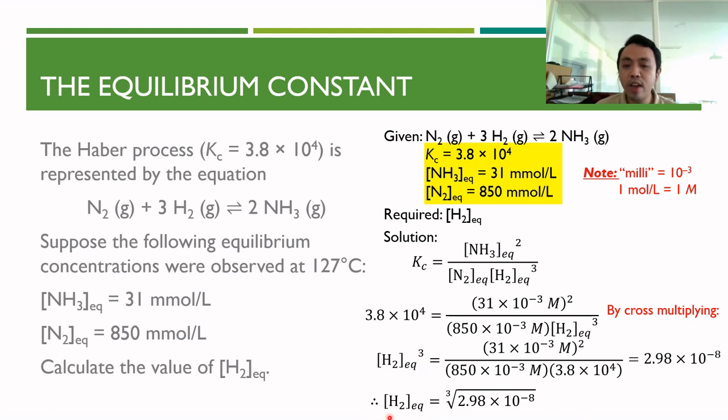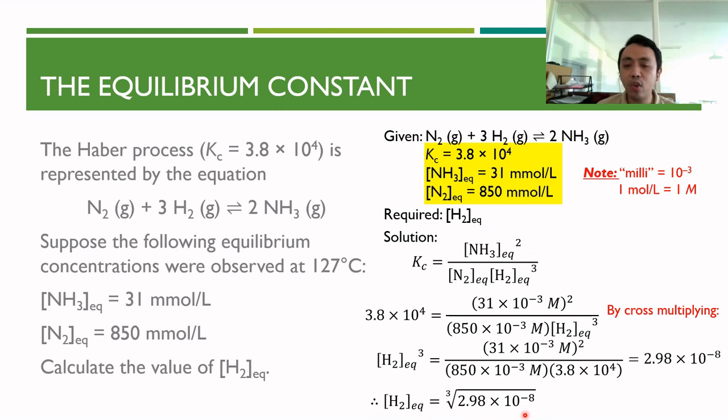Now we are after the equilibrium concentration of H2. To be able to get this value, all we need to do is to get the value of H2 cubed and get the cube root of this one.